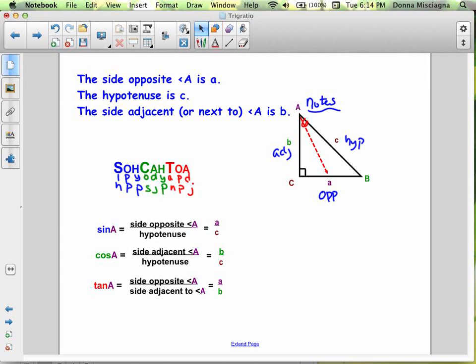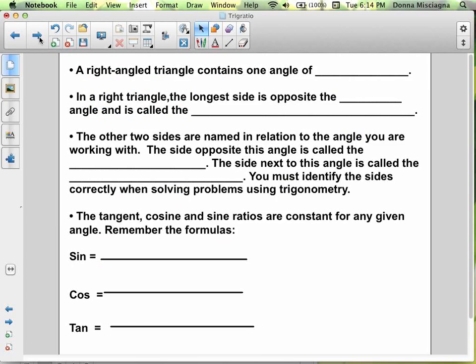All right? And let's do one last little fill-in together to help you remember some things that you've learned so far about trig ratios. So a right angled triangle contains one angle of 90 degrees.